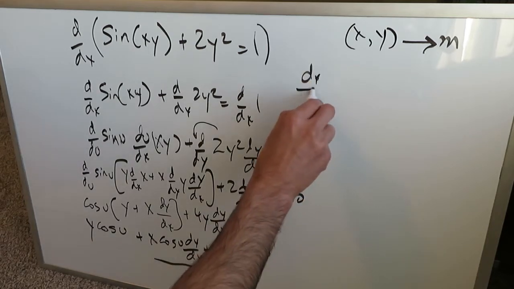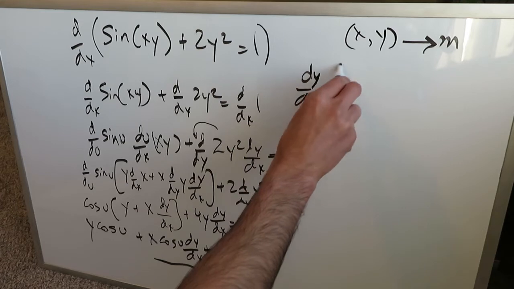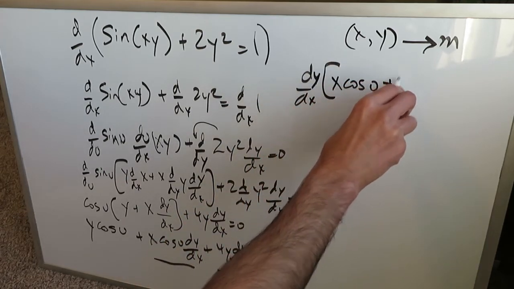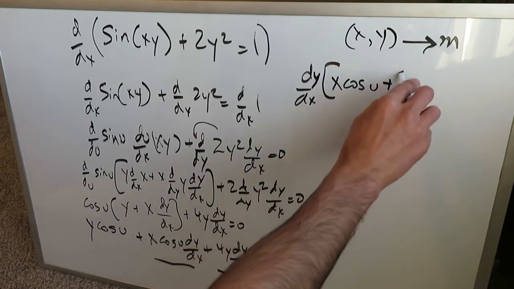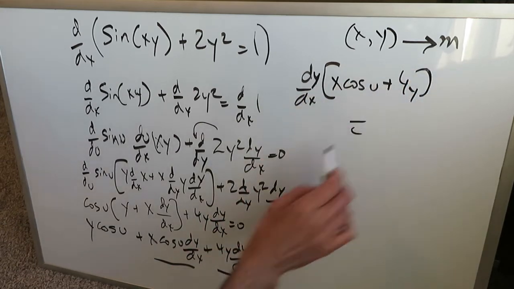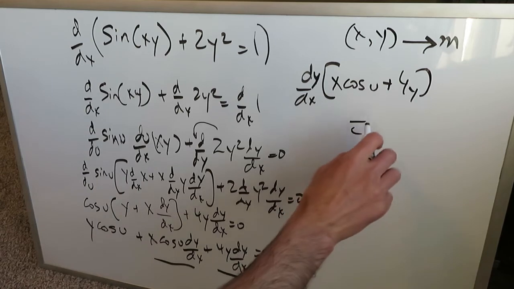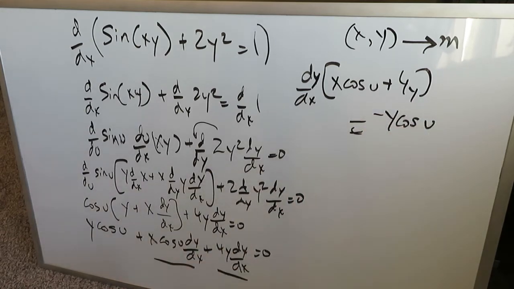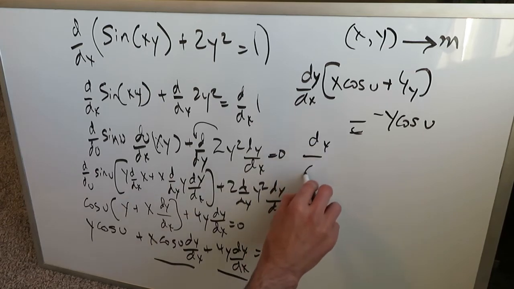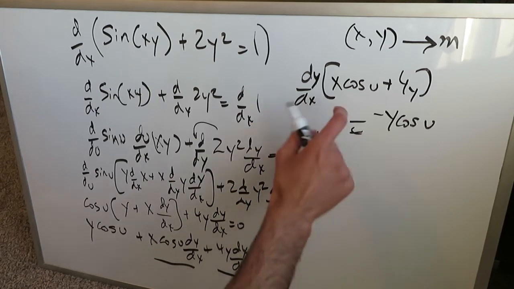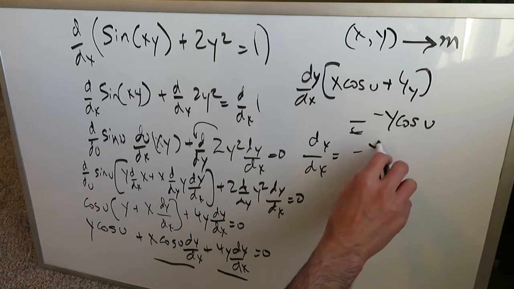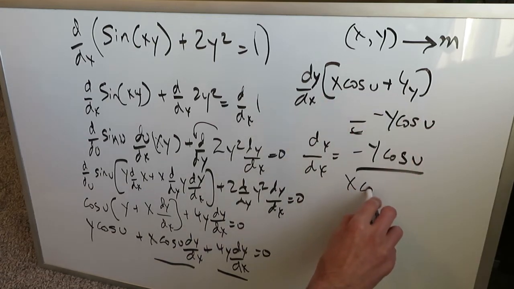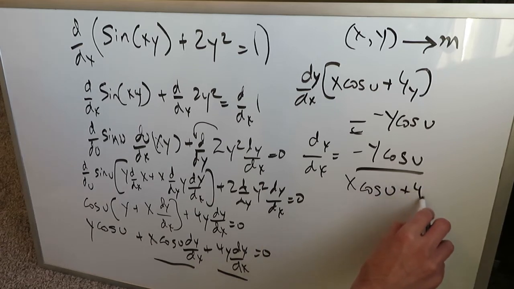I isolate them: dy/dx times x cosine u, we can substitute for the u at the very end, plus 4y is equal to, you take this y cosine u on the other side, you get a minus y cosine u. Now I'm going to solve for dy/dx, and I'll take this item onto the other side. You get minus y cosine u over all of this, x cosine u plus 4y.